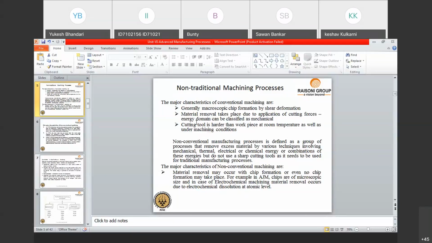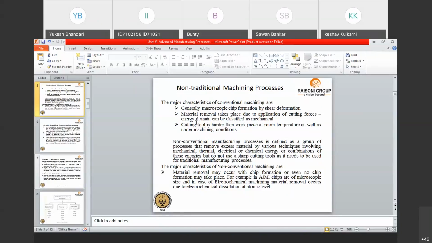Also, material removal takes place due to the application of cutting forces, mainly meaning the energy source is mostly mechanical. Then, as you all know, the cutting tool must be harder than the workpiece material at room temperature. These are the major characteristics of conventional machining processes.